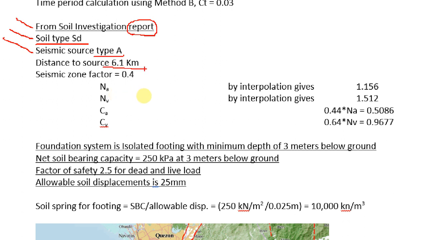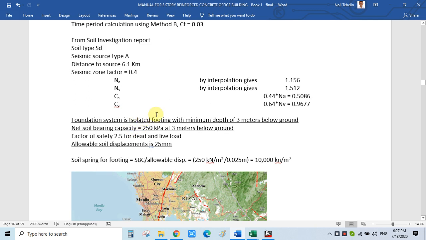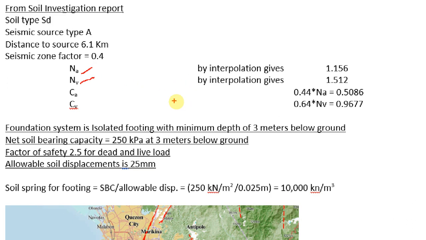Then we will have near source factor, NA and NV. So A stands for acceleration, then V is for velocity. So sa table kasi, hindi ito sakto. So by interpolation, we will get these values, the NA and NV values.